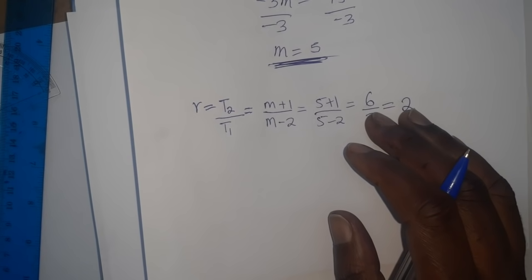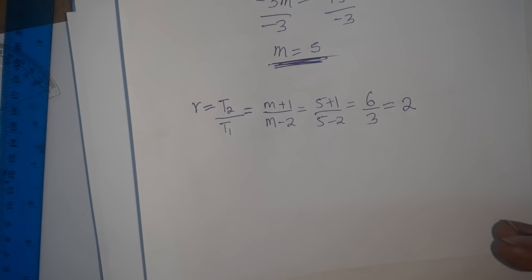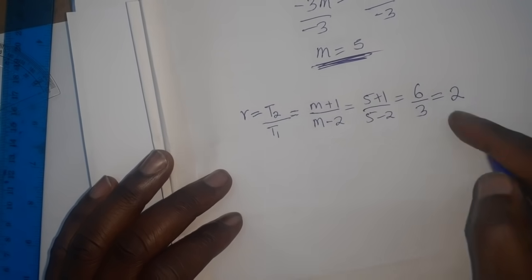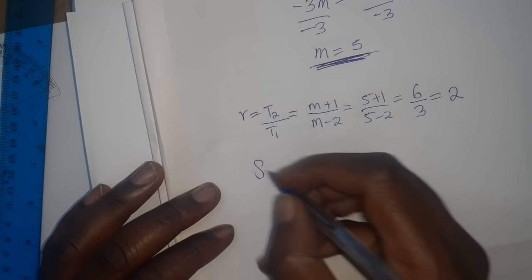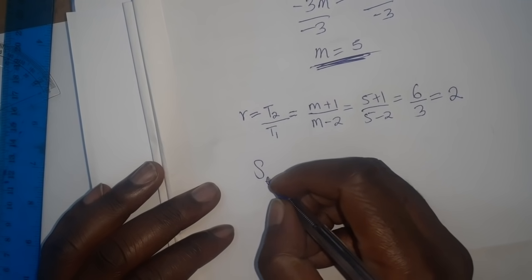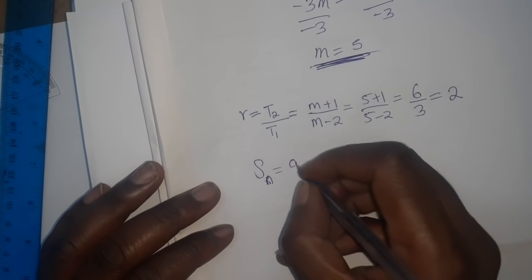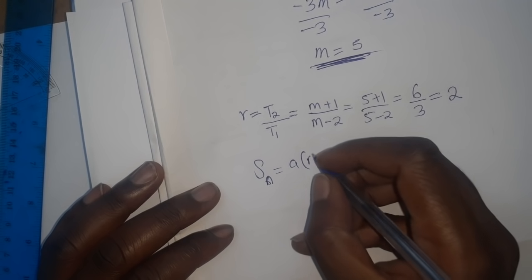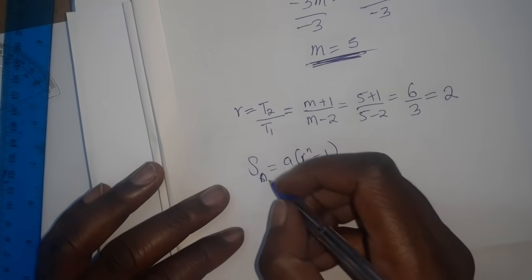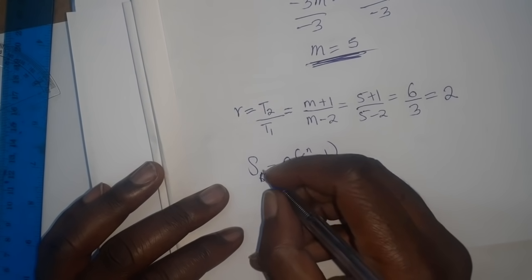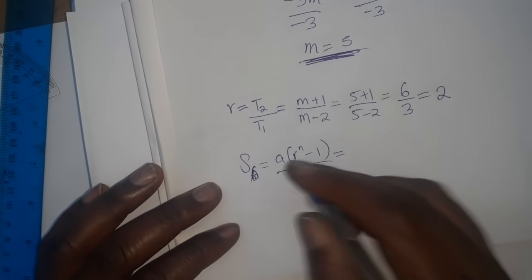Then we have now another question that is asking us to find what? The sum of the first 6 terms. In this case, when the ratio is greater than 1, we say the sum of the first 6 terms, we use this formula, r to the power n minus 1 over r minus 1. So when you put 6 here, what is the first term now here?